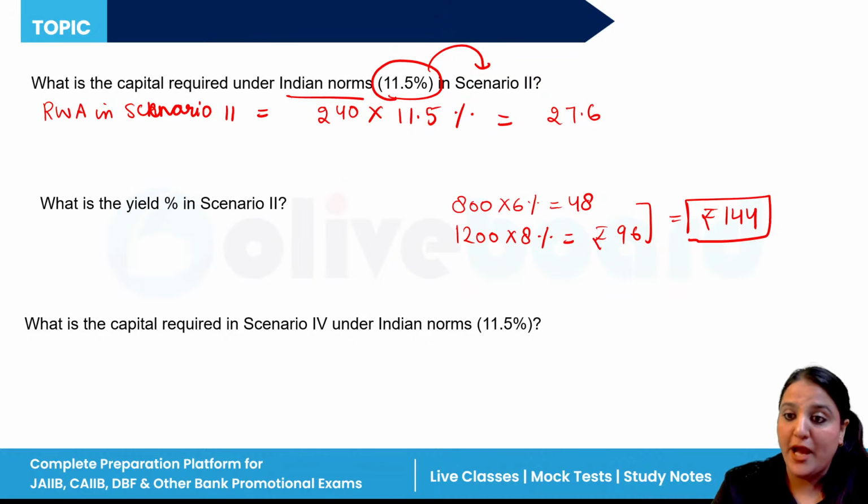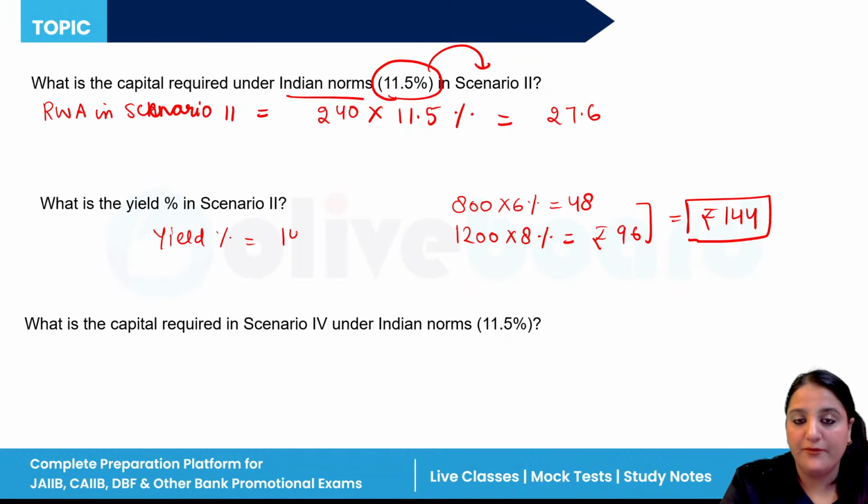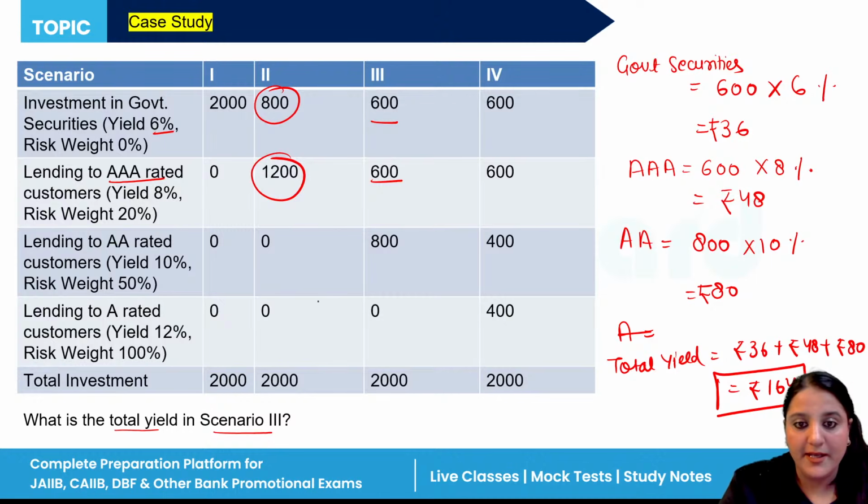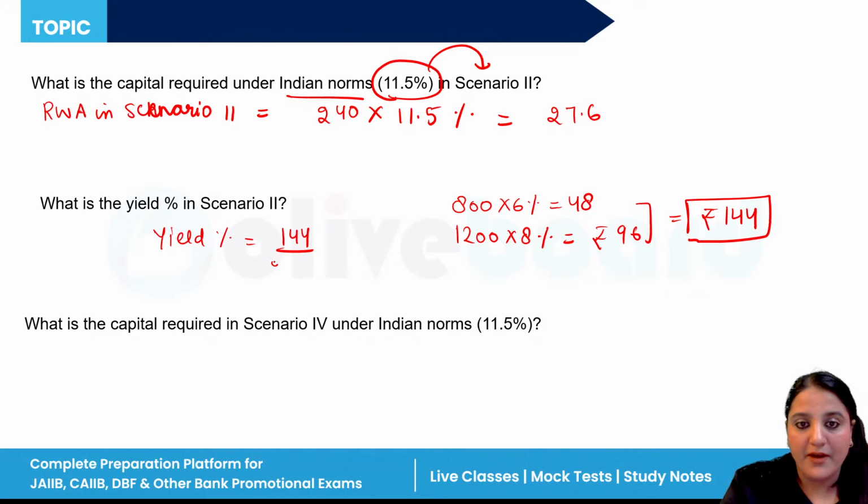So we have to calculate the yield here. And how to calculate the yield? Yield percent: this 144, and what is the total in scenario second? It is 2000. So divide it by 2000, multiply it by 100.